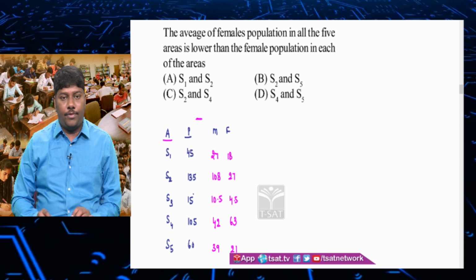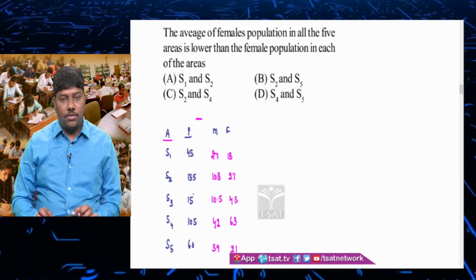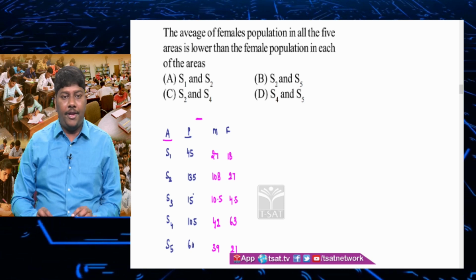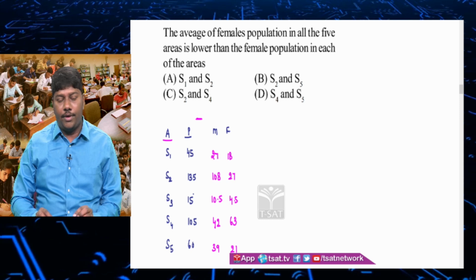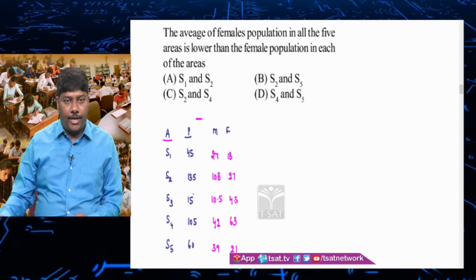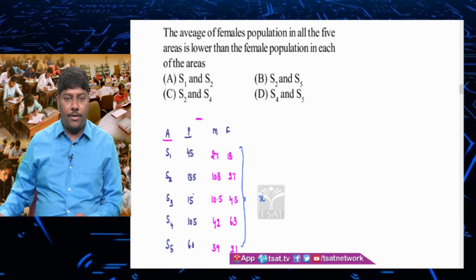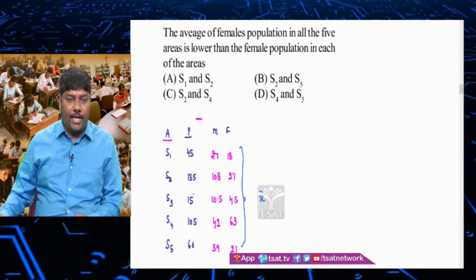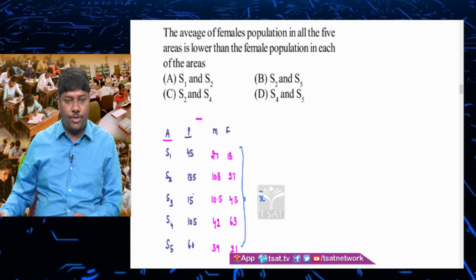The average female population in all the 5 areas is lower than the female population in each of the areas. Now look at the female population in terms of degrees. In terms of degree, if you look at 18, 27, 45, 63, 21 respectively in the areas S1 to S5, if I wish to find out the average, let it be X bar. If it has to be less than any 2 values, then definitely those 2 values must be what?